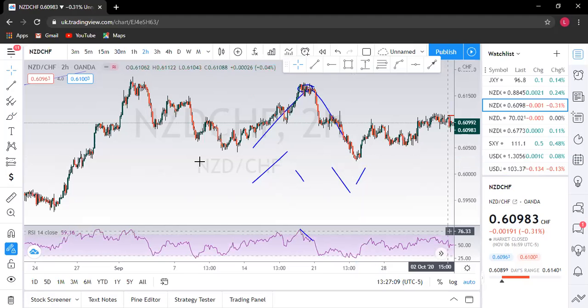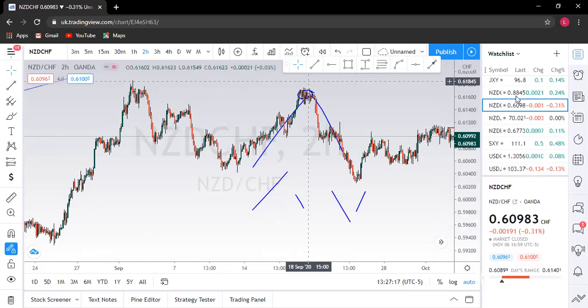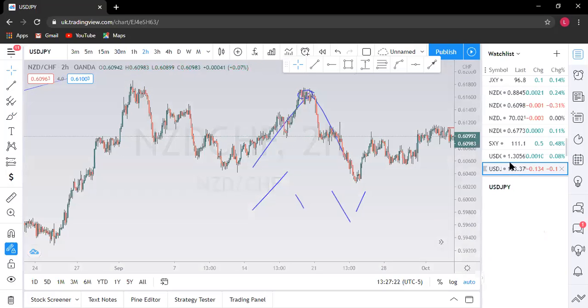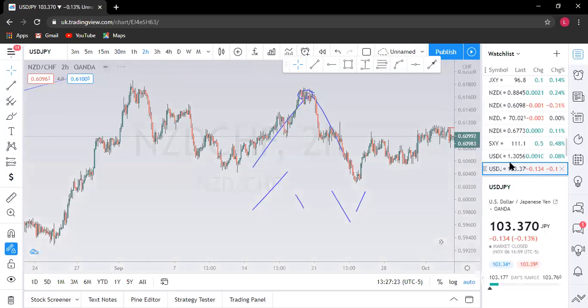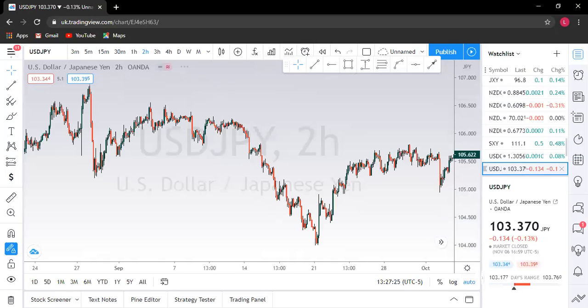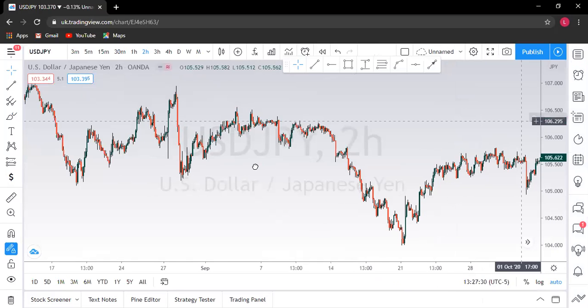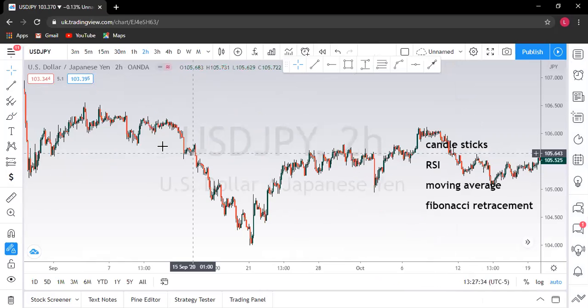So the next indicator which I'm going to show you now, like I said, is the moving average. Let me go back to what I was using before. So the next one I'm going to talk about is the moving average.